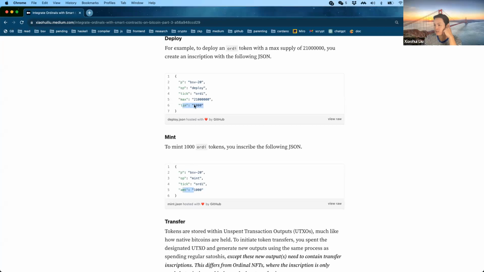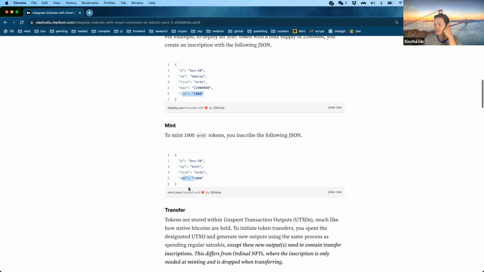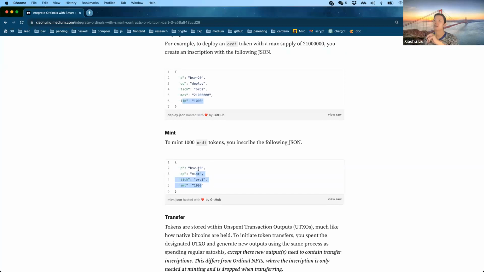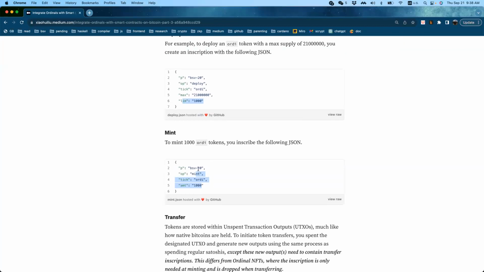But in this case, let's say Alice deploys, and Bob, Charlie, Dave can all mint. Whoever mints first, it's like first come, first served. Whoever mints, you get the tokens. Make sense so far? Yes, sir. Okay.